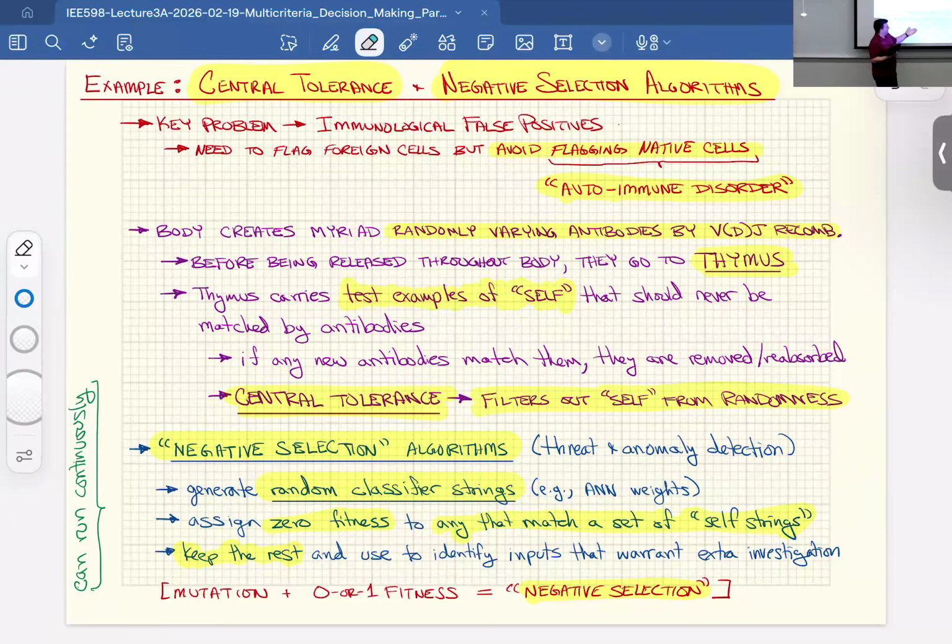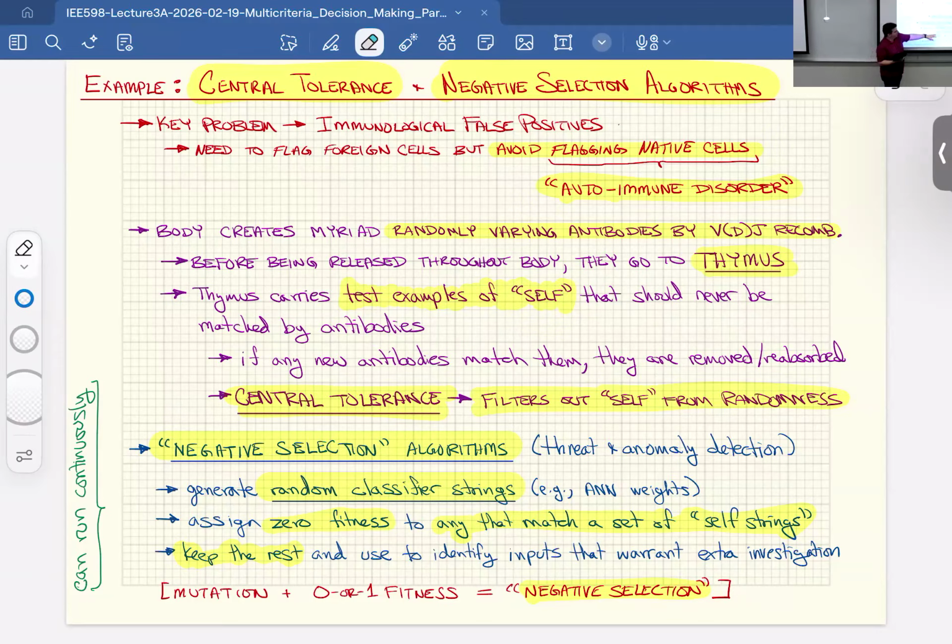And so these classifiers, they can be implemented in lots of different ways. They could be a neural network, like I said, or a genetic program, but you build a program that basically just says yes or no, I've matched or not. And it has randomness in what it matches to.